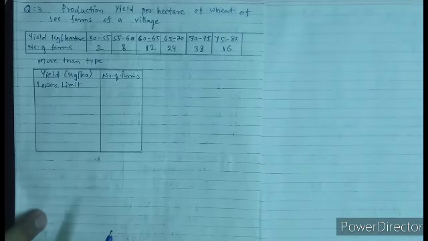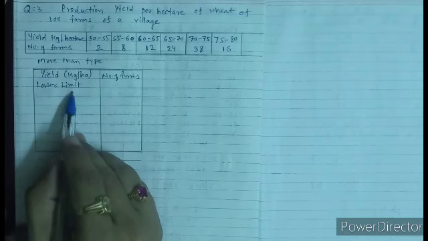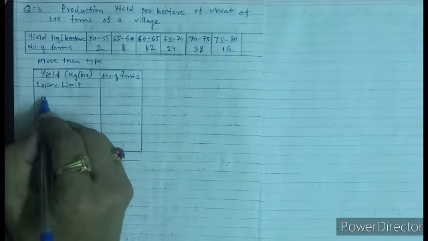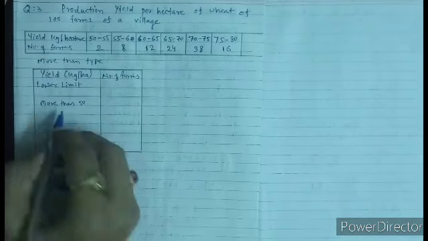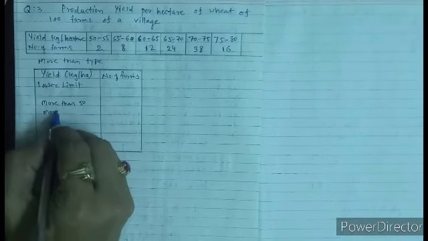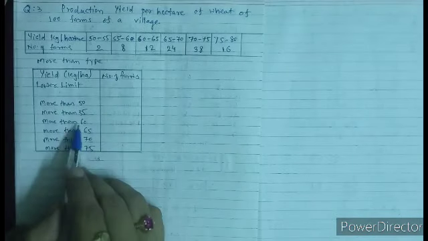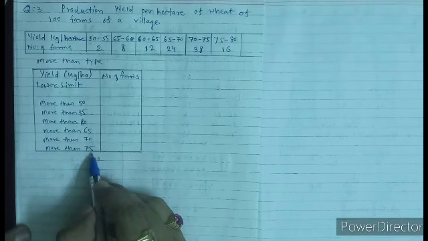To convert it into more than type of frequency distribution, we have to write first of all lower limits, because more than lower limits. Lower limit of class 1 is 50. Therefore, we can write more than 50, then more than 55, then further more than 60, more than 65, more than 70 and more than 75.